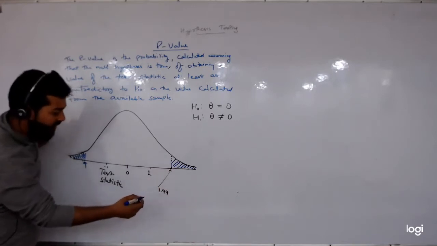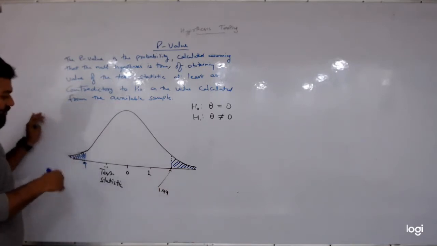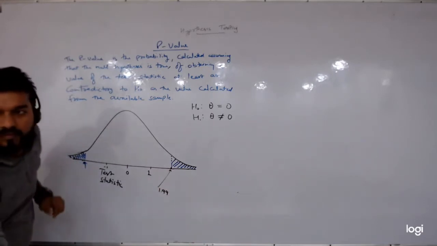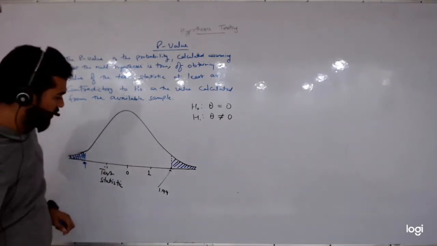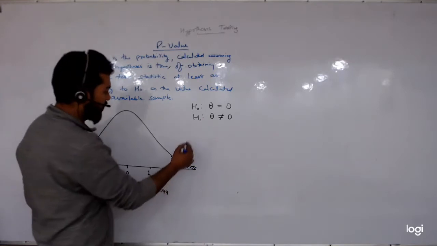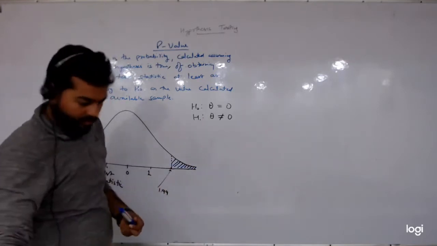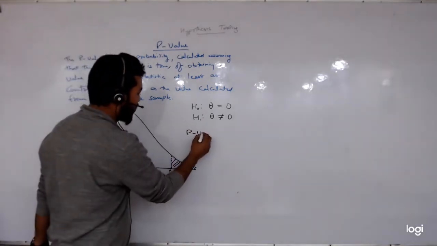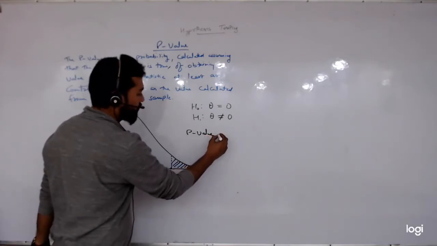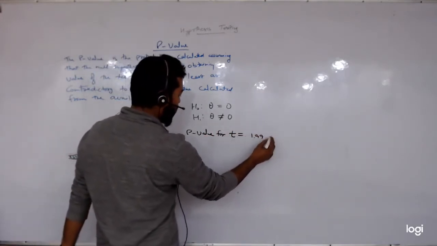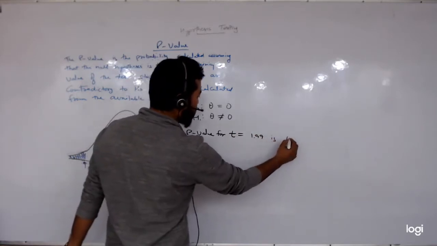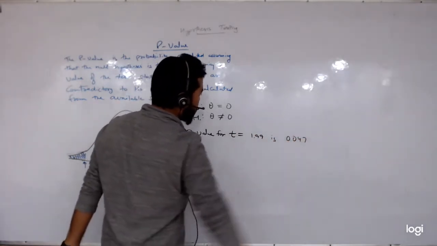This probability can be obtained from standard normal tables. The p-value for t equal to 1.99 is 0.047.